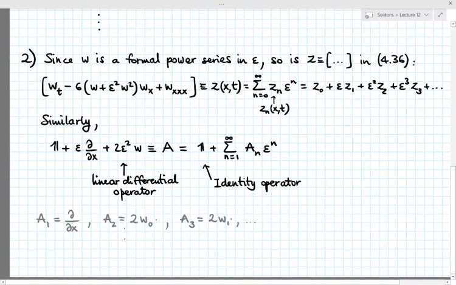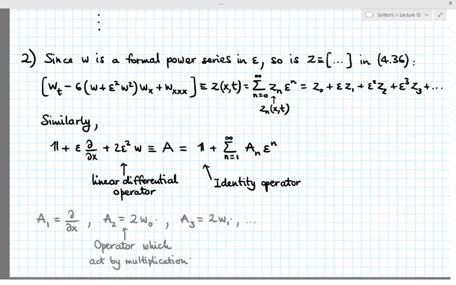So A2, A3, etc. are not really differential operators. They don't involve any derivatives, but they're simply operators which act by multiplication by an appropriate function. Later on in this course, you will call operators of this type multiplicative operators.